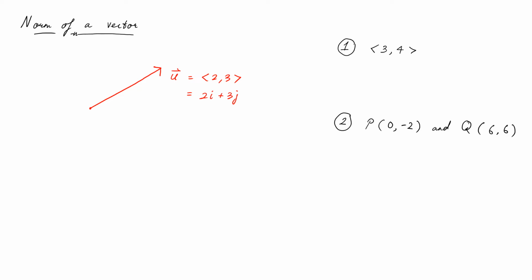Hence, there exists a formula with which we can measure the length, or the norm, of this particular vector. Say that we have the vector (a, b), then the norm will be the square root of a squared plus b squared.